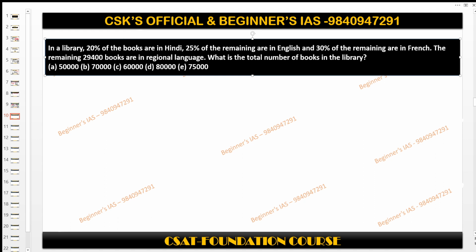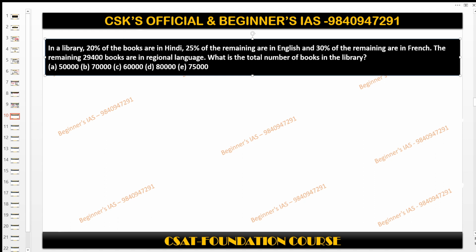What would be the regional language books percentage? So 42%. Therefore, 42% of the total books is equal to 29400. Then total number of books is equal to 29400 into 100 by 42, isn't it?